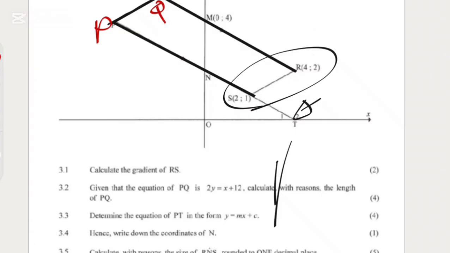So this is the equation of PQ. Calculate with reasons the length of PQ. They need the length of PQ. Let's dive into it.